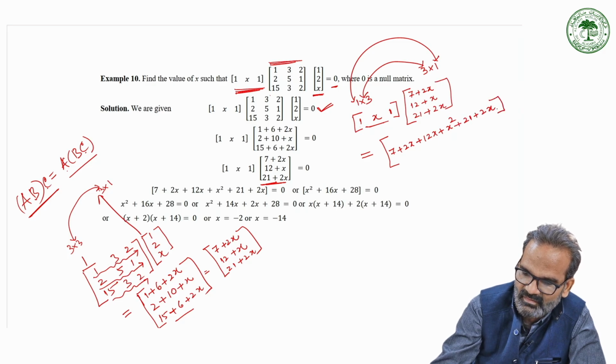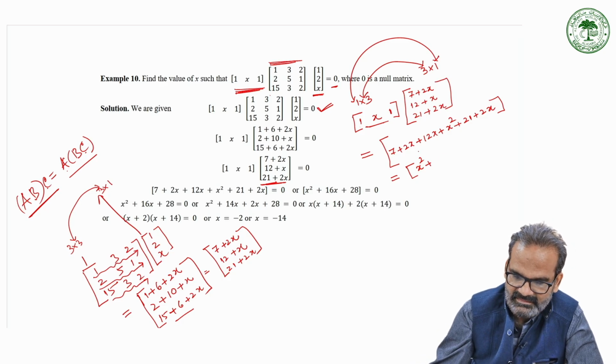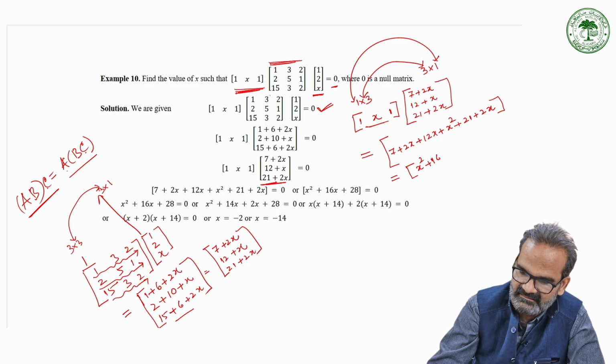This is the product of these two, and then simplify it. What you will get here: x square plus 16x, right? 12 plus 2 is 14, plus 2 is 16, plus 7 plus 21, that is 28, right? This is equal to 0.